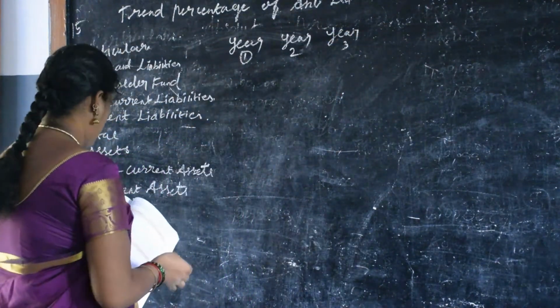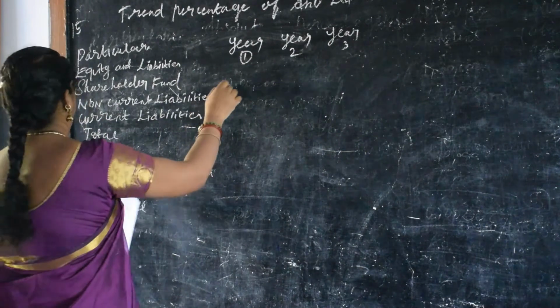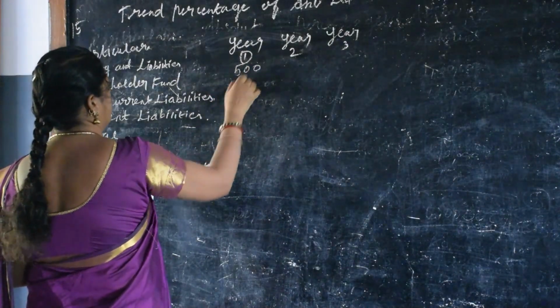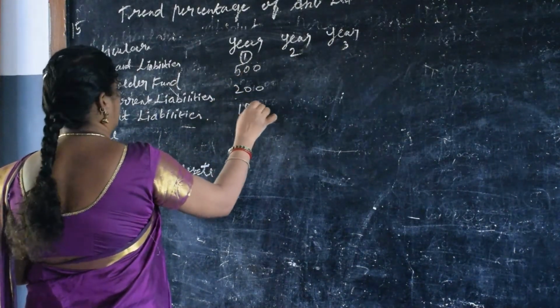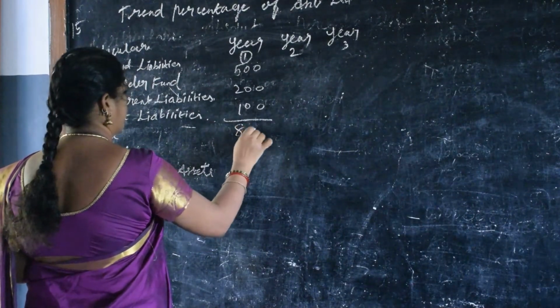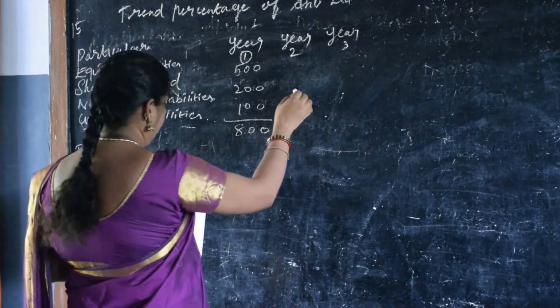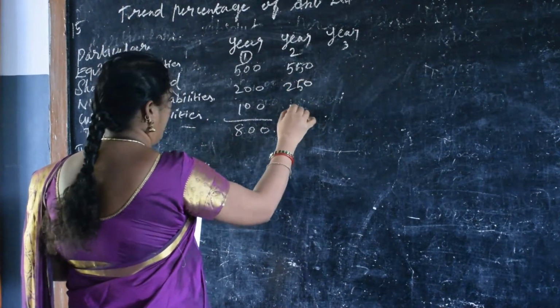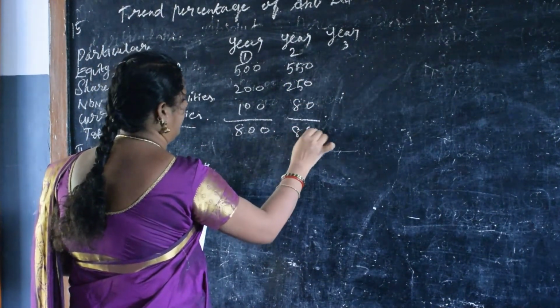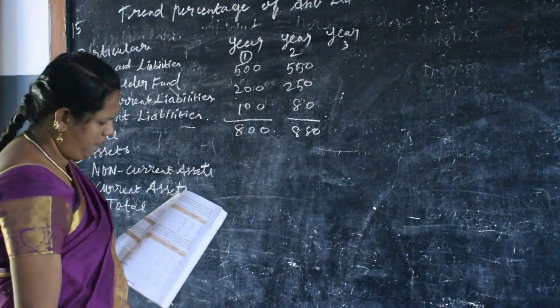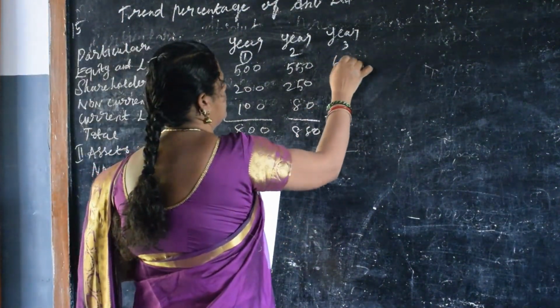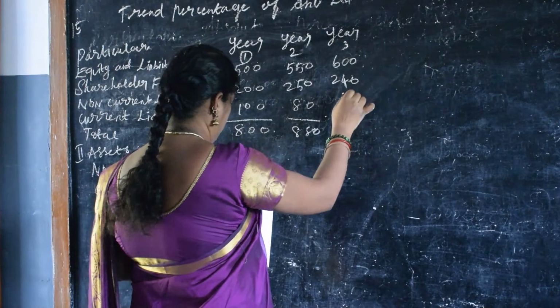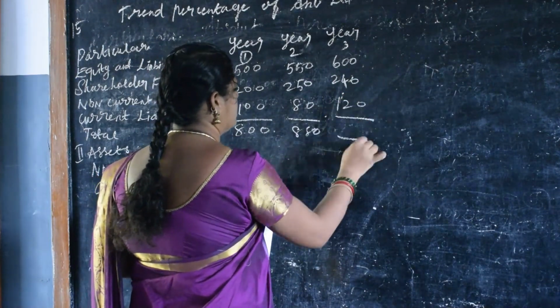Equity and liabilities. Shareholders fund is 500, 200, 100. So total is 800. 550 for the second year, 250 and 80. Total is 880. And for the third year, 600, 240 and 120. That is 960.